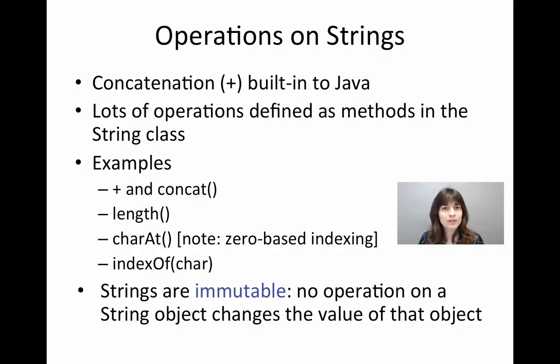Another very important comment about strings is the fact that in Java, strings are immutable. What does that mean? Whenever we perform an operation on a string, the result that we are going to get will not be the original string altered. The original string will be as it was before.